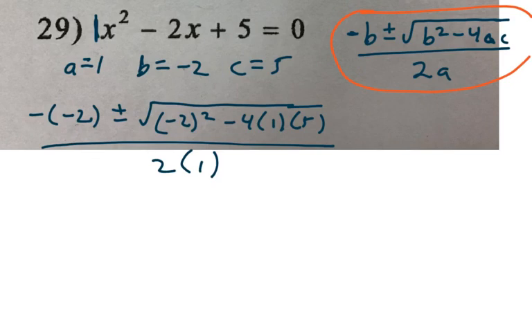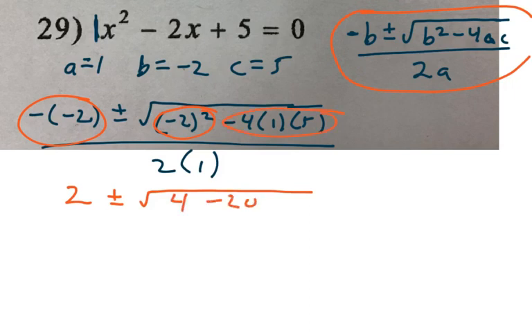And continuing with our math, we would have a positive 2 from there, plus or minus the square root. I'm going to erase that plus. I don't know why it bothers me, but why write plus when you don't need to, right? And notice right in here, I get a positive 4 minus 20 all over 2.